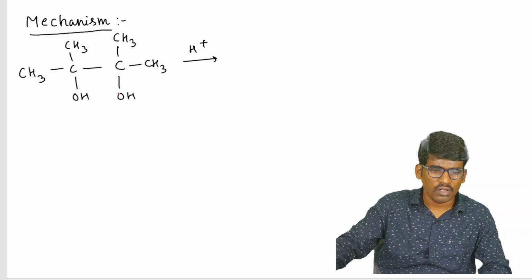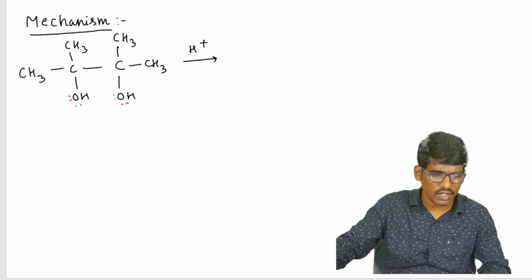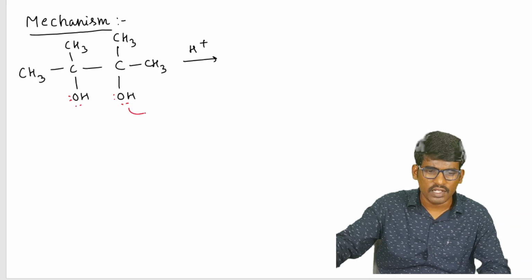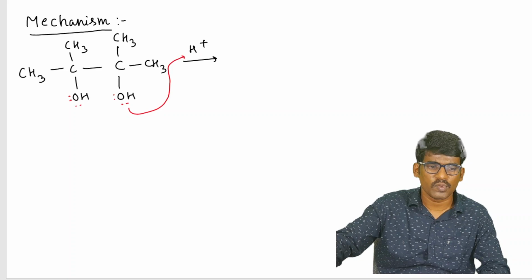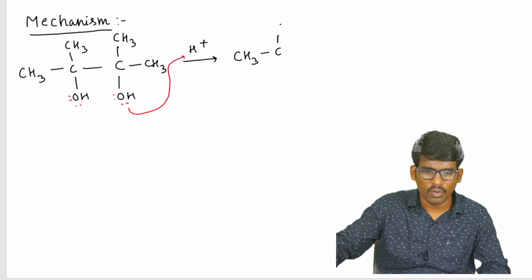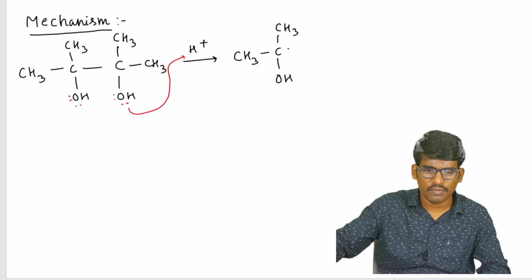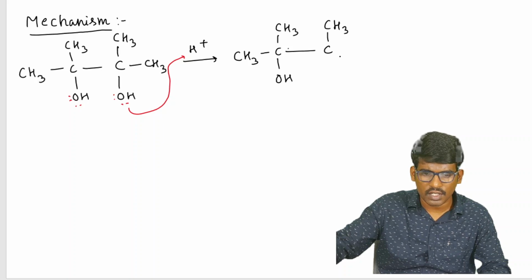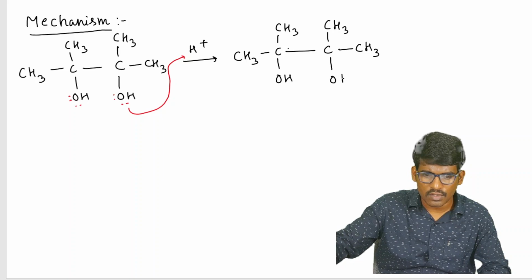The oxygen has lone pairs of electrons, right? And this lone pair of electrons is given to H plus. Then it forms OH, CH3, CH3, and here OH2 plus.